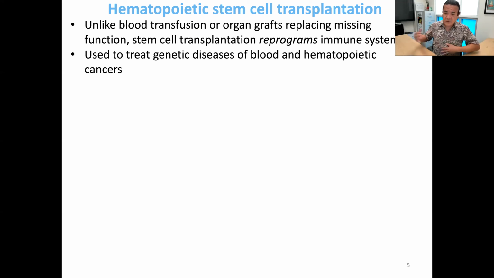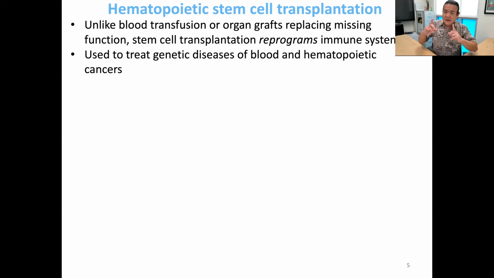Or you say, well, we need to transplant a kidney because the patient's own kidneys have failed, right? Due to kidney disease, something or another, right? So now you need to put in a brand new kidney from a donor. In both of those cases, blood transfusions or organ grafts, you're talking about replacing something that's missing, right? Something whose function suddenly is no longer there.